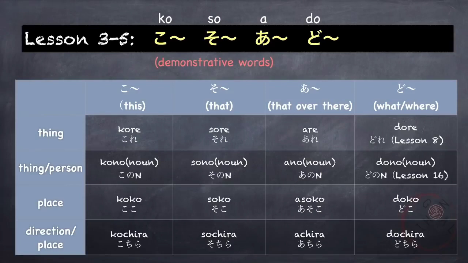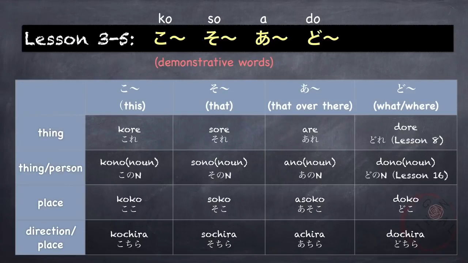For example, this thing, kore, or this thing or person, kono noun, kono kaban, kono hito, or this place, koko, or this direction, kochira. For so, or that thing, sore.